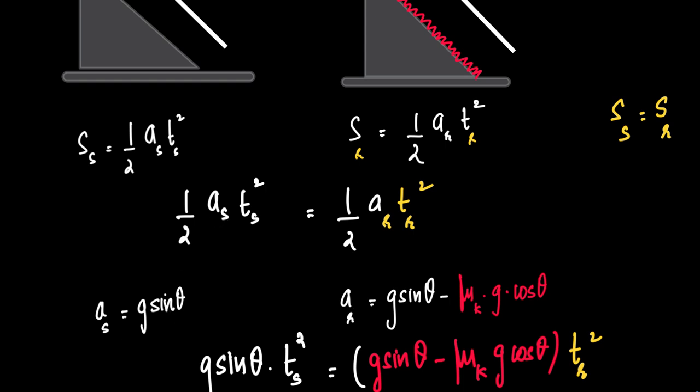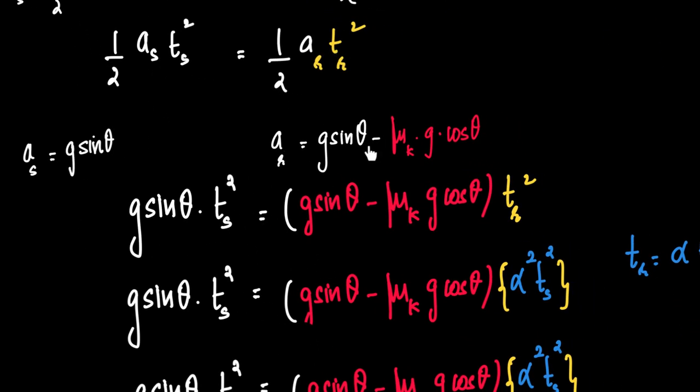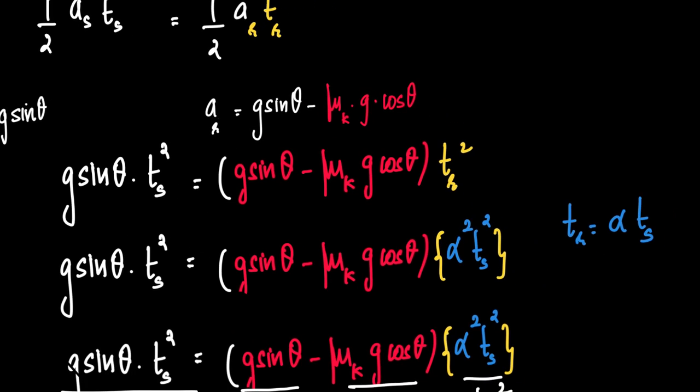Acceleration along smooth is g sin theta, and along rough is g sin theta minus mu k g cos theta, multiplied by Ts square and TR square. It is given in the question that TR is equal to alpha times Ts. So I substitute TR is equal to alpha Ts.